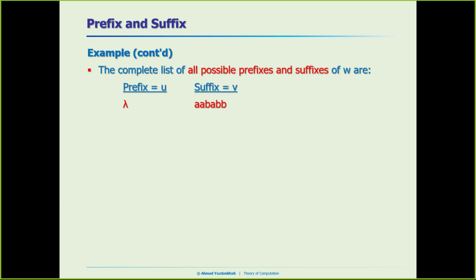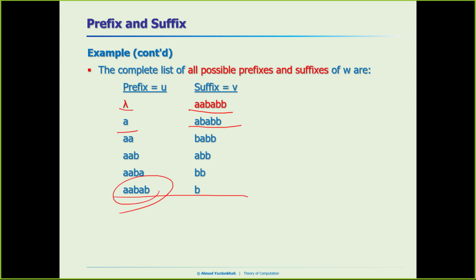So lambda is a prefix here. Then the rest of that, which is the whole string, will be the suffix. And you can figure it out. So if A is the prefix, the rest of that will be the suffix, and so on up to this point. So this is the prefix and this is the suffix.